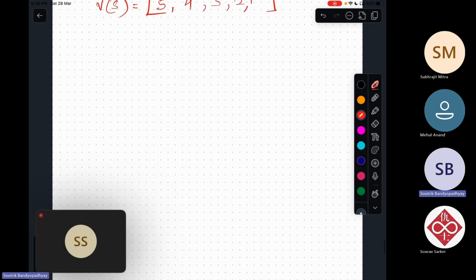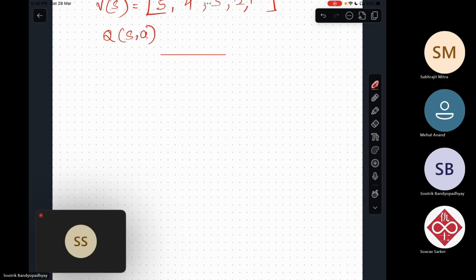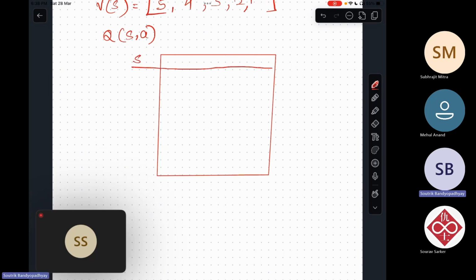But for the Q function, you would have a table of values. Sorry, you would have this sort of table. So here I would tabulate all the states 0, 1, 2, 3, 4.